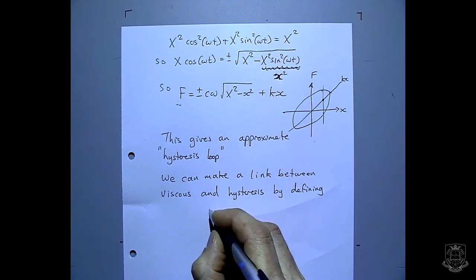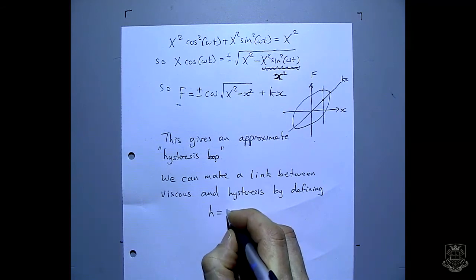So we can define a new variable h as equal to omega times c.